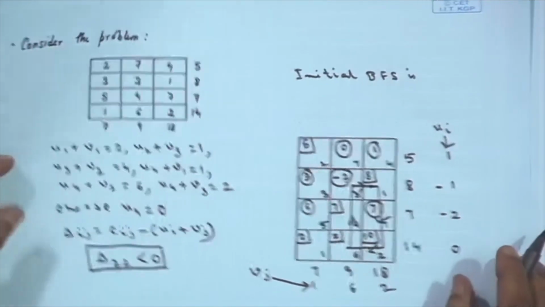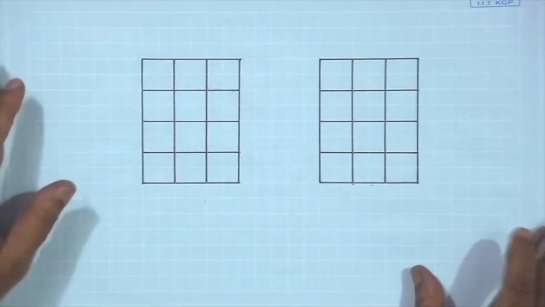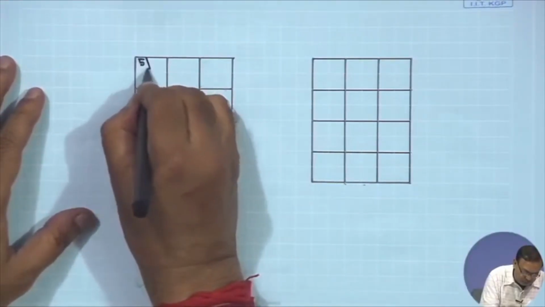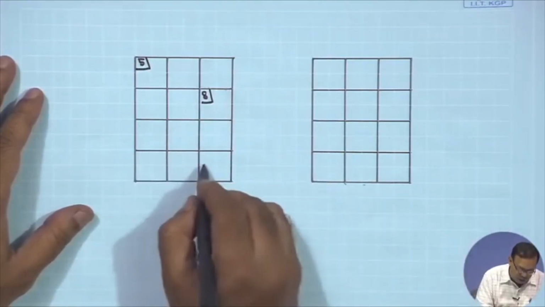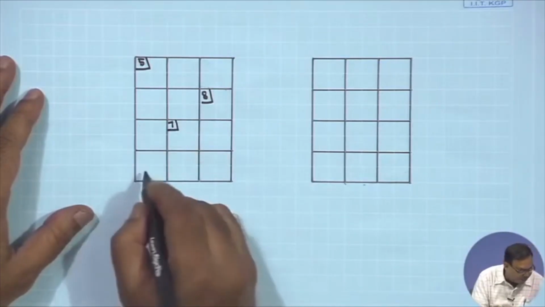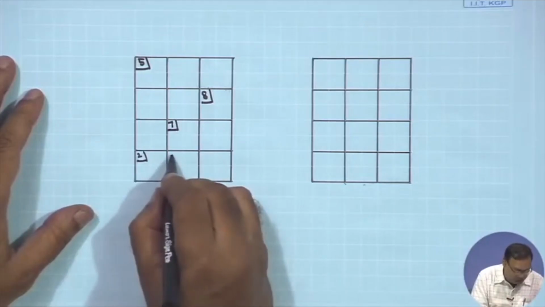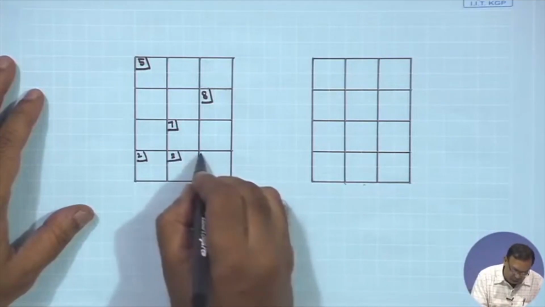So, now let me write down the occupancies. Here these are the occupied cells: your 7 is here and 2, here it is 2 and here it is 10.